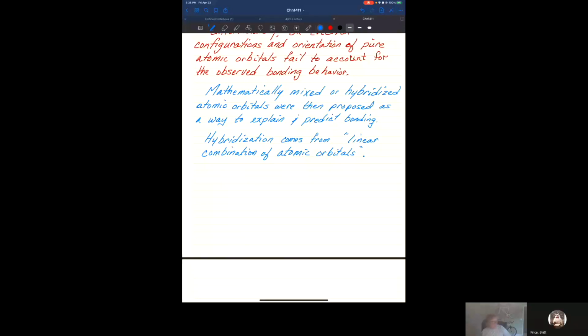The simplest hybridized orbitals are what are called the sp orbitals.